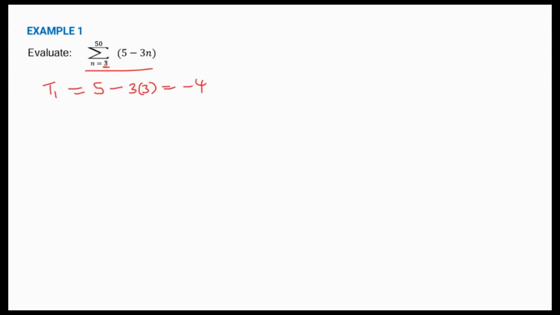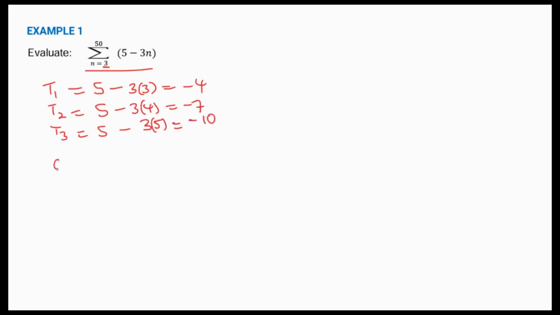And then we substitute the next natural number after 3, which is 4. So t2 is 5 minus 3 times 4, which is equal to negative 7. Then t3 is equal to 5 minus 3 times 5, which is equal to negative 10.